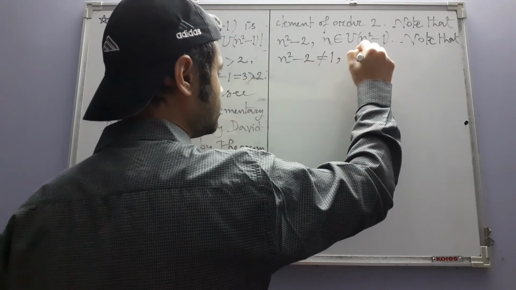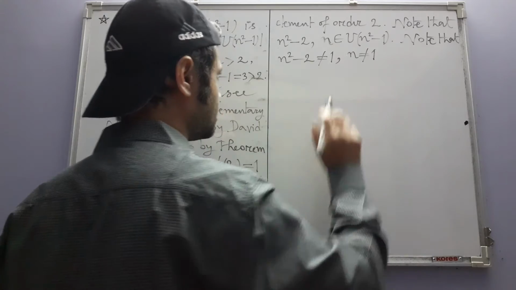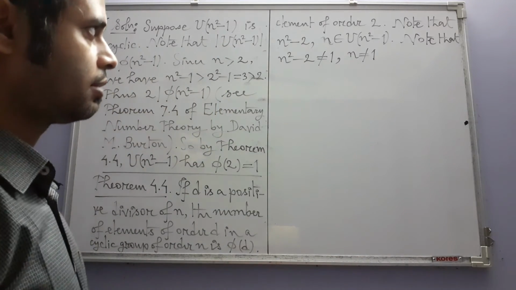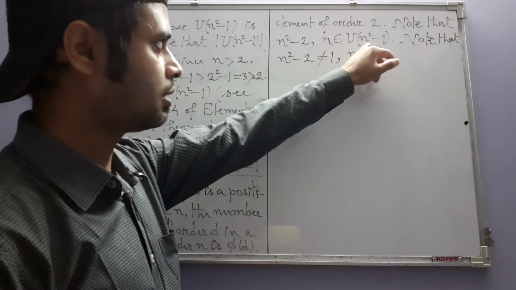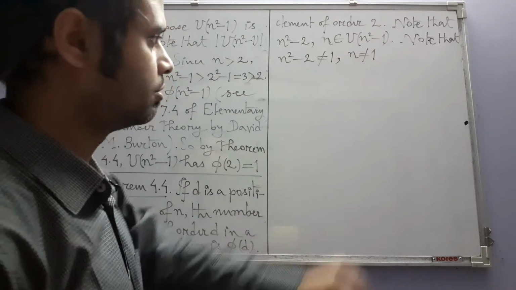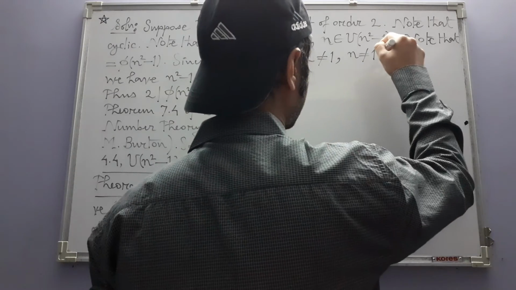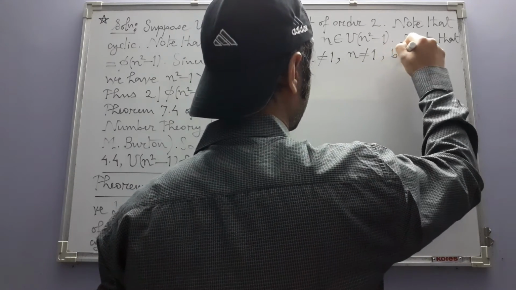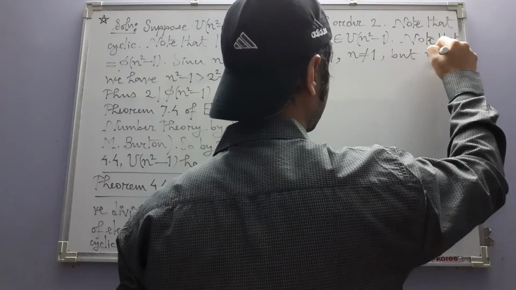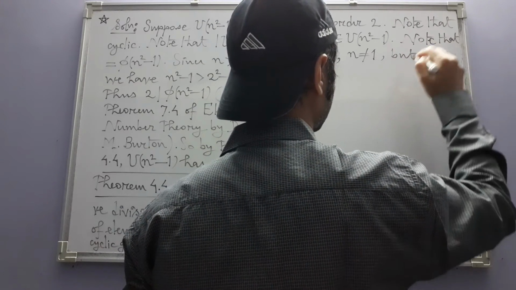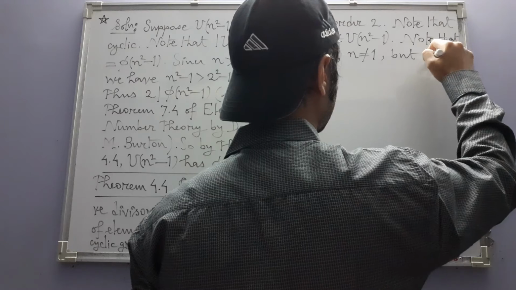Just like that, n is also not equal to 1. These are all greater than 1. And 1, if you recall, is the identity element of this group. But what is this?